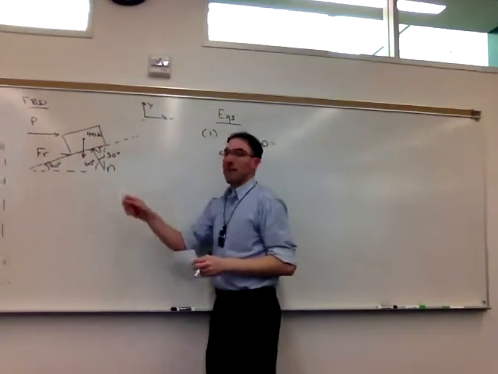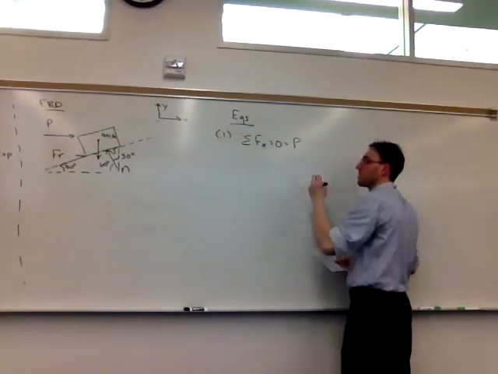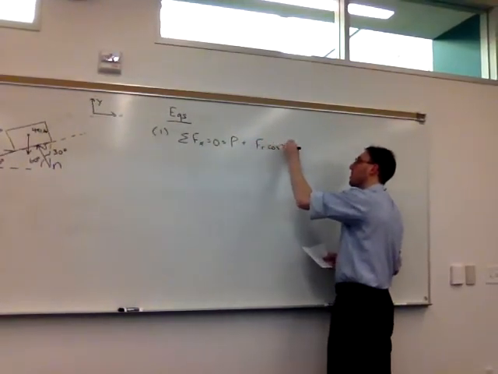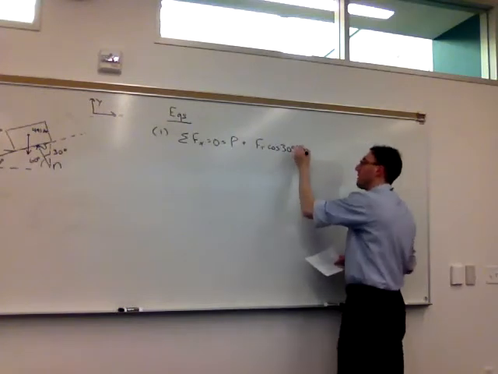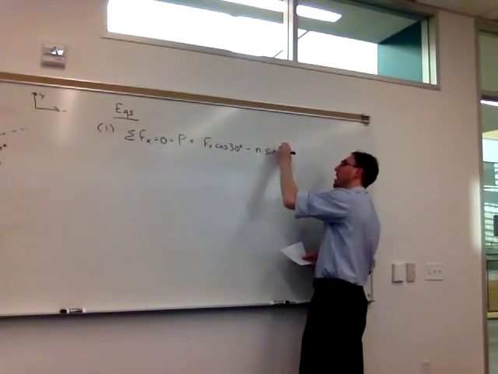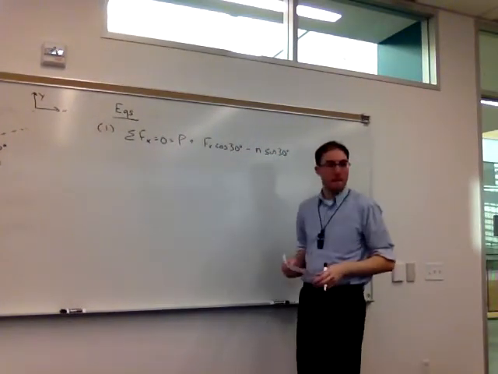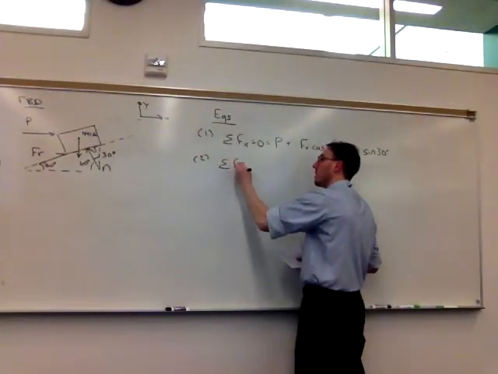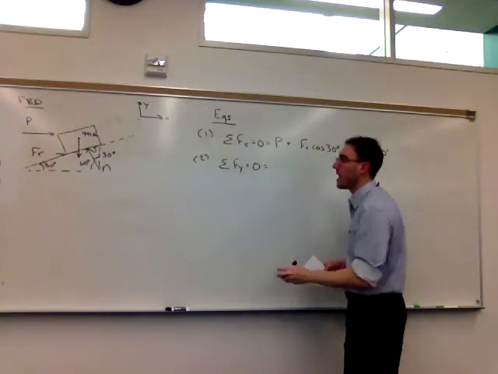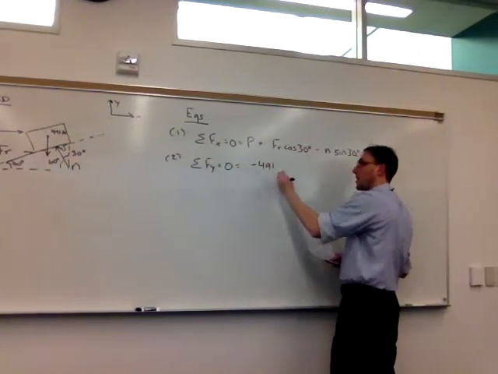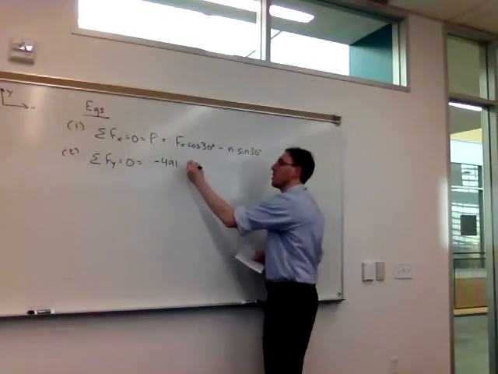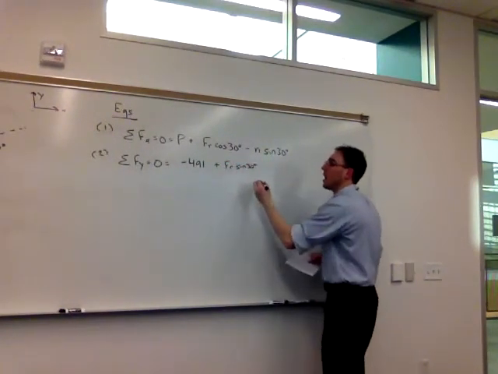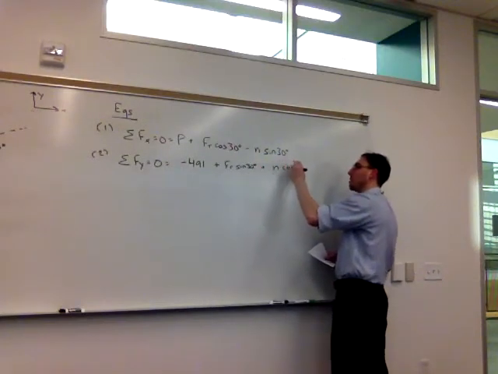In the x direction, I have all of the applied force P, plus Fr cosine 30, minus n sine 30. And in the y direction, I have all of my weights, 491 down, plus the force of friction times sine 30, plus the normal force times the cosine of 30.